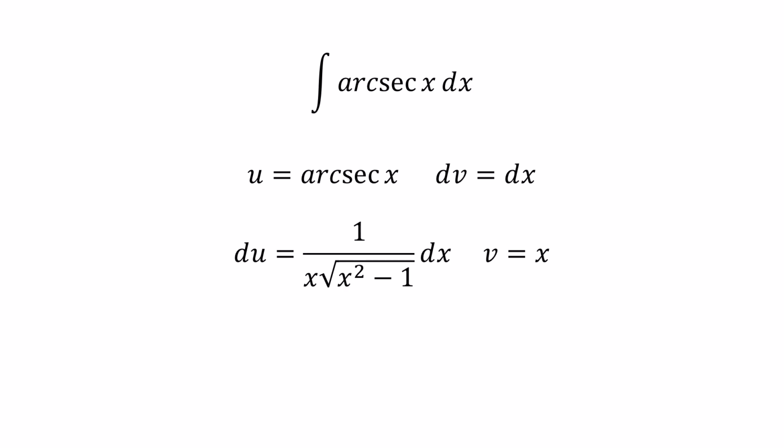Applying the integration by parts formula then gives x arc secant of x minus the integral of 1 over root x squared minus 1 dx.